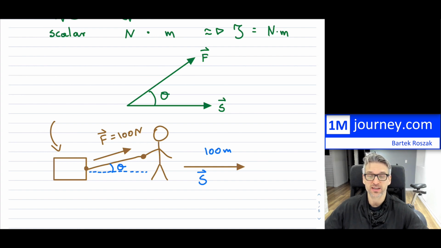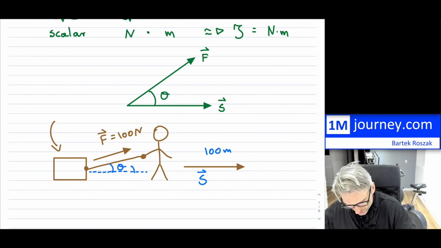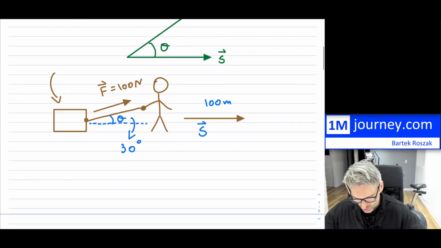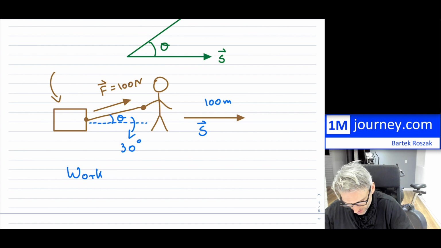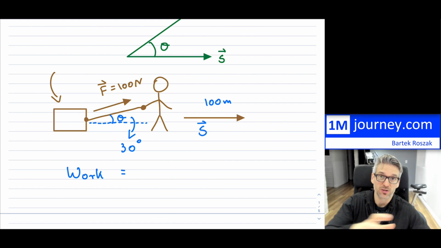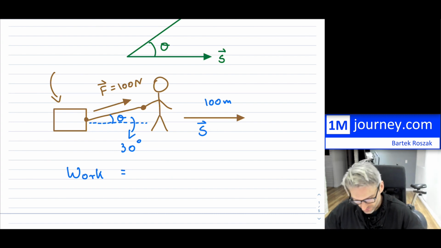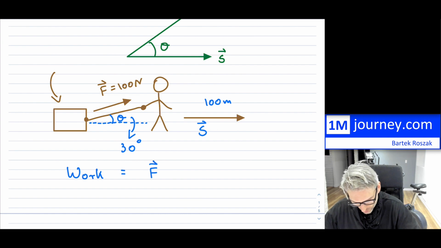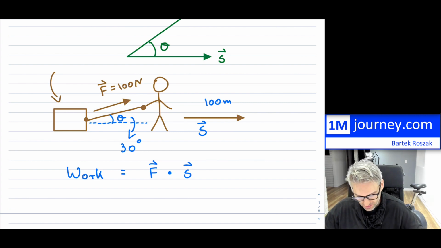And now if we wanted to find out the work which is done, all we do is take the dot product between them. Now, to take the dot product, we would have to know what that angle is. And for simplicity, let's call this 30 degrees. So what you would do is say my work that has been done, which is the energy transferred to the box as you're moving along all the way through that distance, would be the force vector multiplied by the displacement vector.